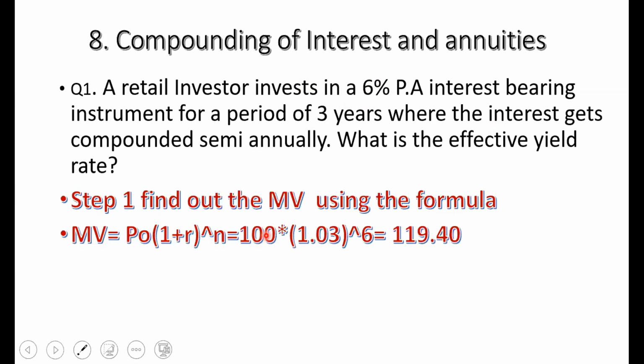Why 1.03? Because 6%, semi-annual, 6 divided by 2, that is 3. Then again (1 plus R), 1.03 to the power 6. Why? Because 3 years and semi-annual means 6 intervals. So applying the formula, 119.40 will be the maturity value at the end of 3 years.